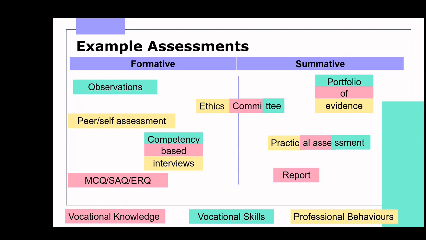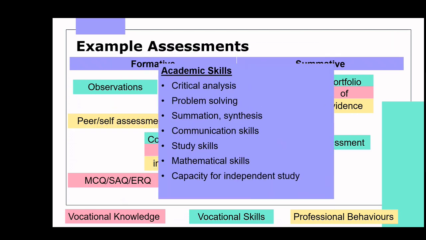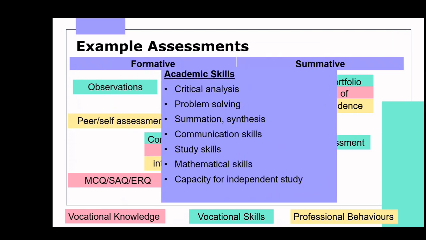But also you could have an ethics committee where we get to observe students' discussions, and that's maybe a more suitable way to formatively assess students who haven't got strong writing skills or who prefer talking and demonstrating. It's important that with all these formative assessment activities, we will be including academic skills as part of our assessments.